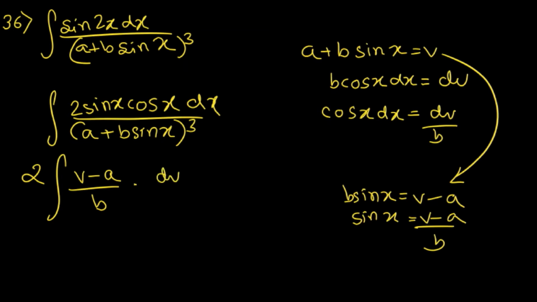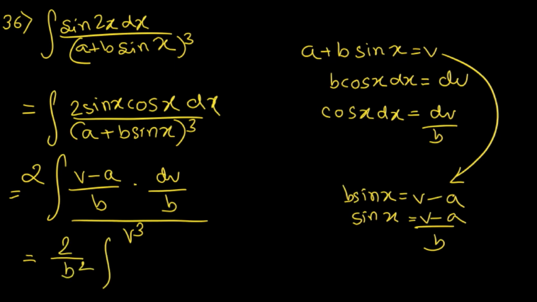This term gives dv by b by a plus b sin x, and a plus b sin x cubed gives v cube. So obviously these b terms, 2 by b square, b is constant, so b square comes out. We are left with v minus a by v cube dv.